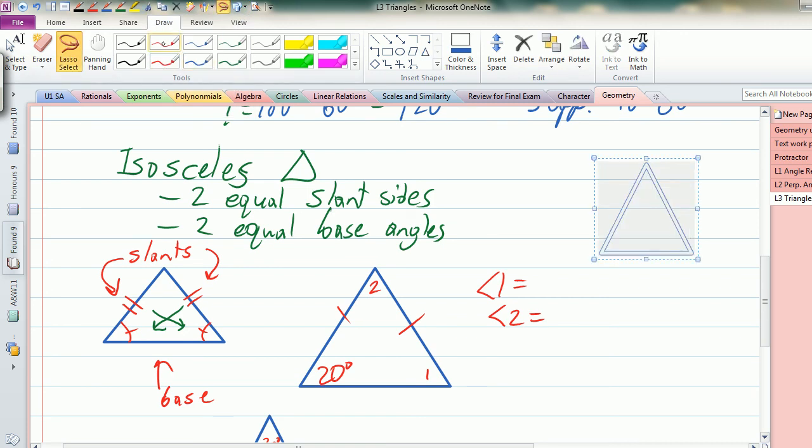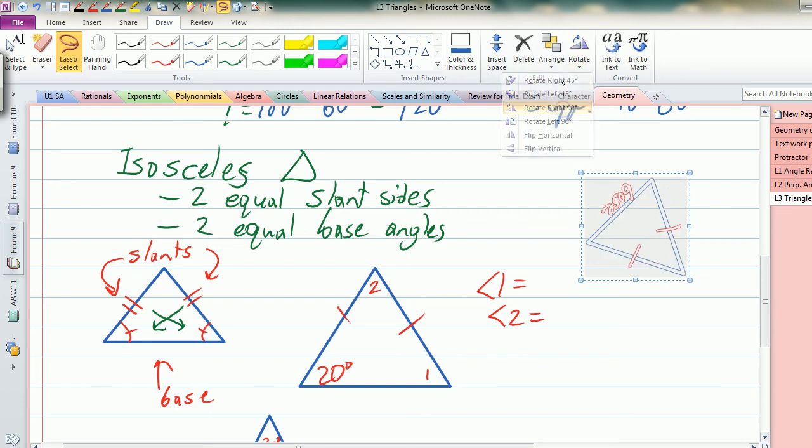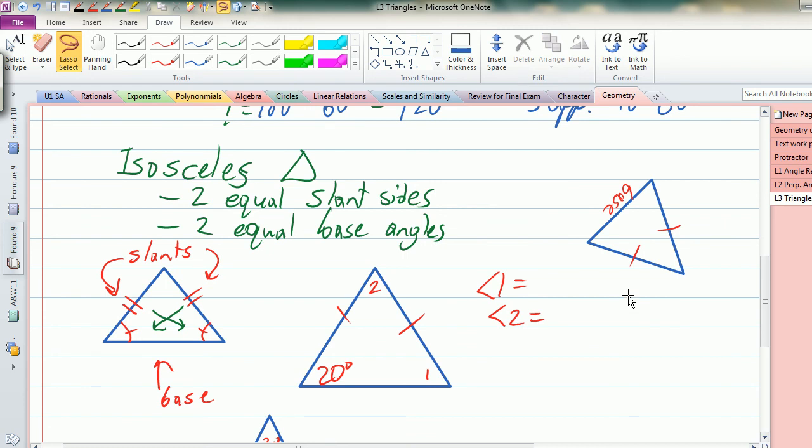So I have my triangle, there's the slant sides, there's my base. It can be rotated. So I can rotate it right 45, I can rotate it right 90, I can put it upside down. Guess what? The base is now up in the air, but it's still the base. Okay, so you have to identify your slant sides to find your base. Your base can be upside down. Okay, it's not the side that the triangle is sitting on.